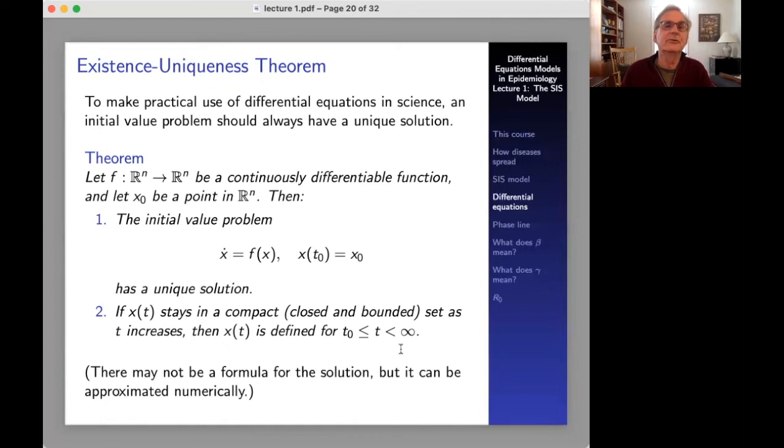Actually, the same is true if the solution stays in a compact set in backwards time, then it's defined for all backwards time, for time going to minus infinity. Now, there may not be a formula for the solution. You may not be able to find a formula for the solution. Perhaps it's impossible to find a formula for the solution, but the solution is still there and it can be approximated numerically.